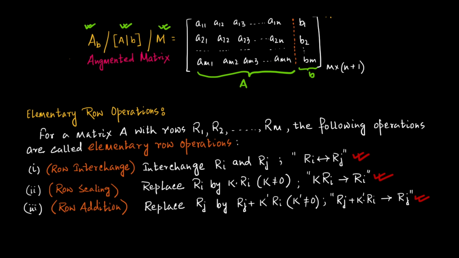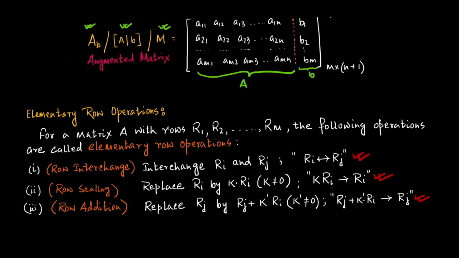Now one can easily understand that these operations can be restated for a system of equations just by replacing the ith row and jth row by the ith equation and jth equation respectively.